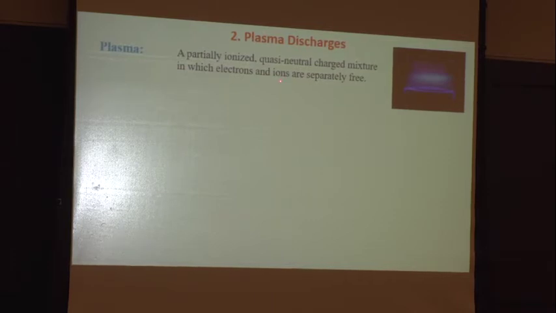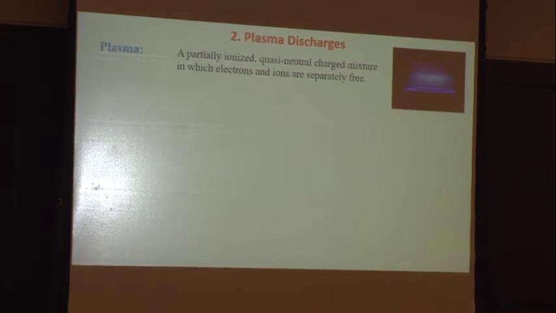It is a quasi-neutral, charged mixture, which contains electrons and ions, and they can separately move freely. Separately free does not mean that electrons and ions can move freely, independently. That's not true, because you are electrically neutral, so when the ions move and generate an electrical field, they will affect electrons. They have to move together, right?